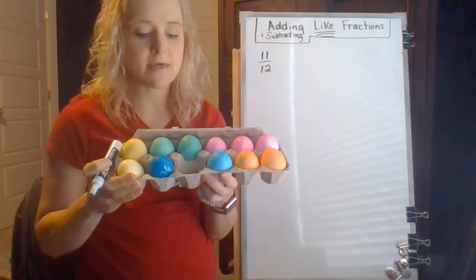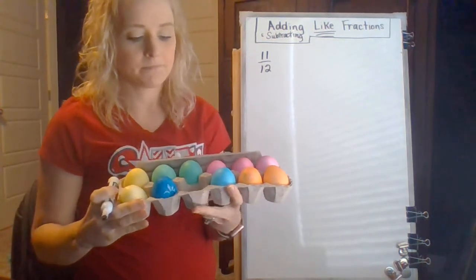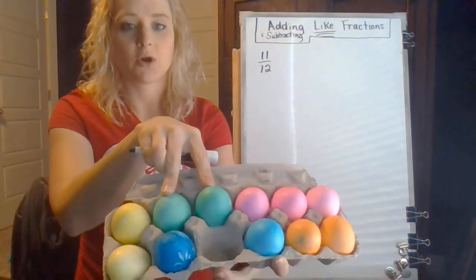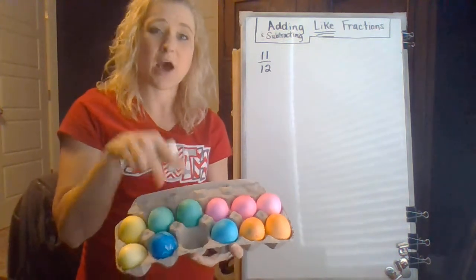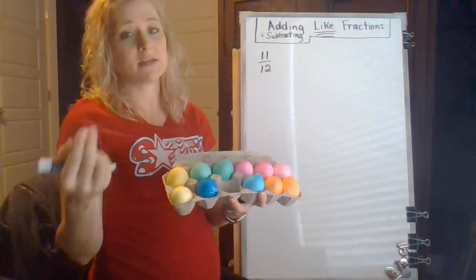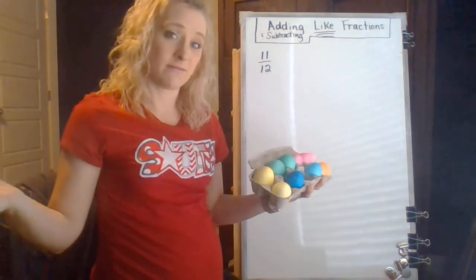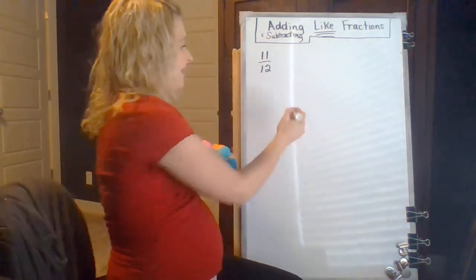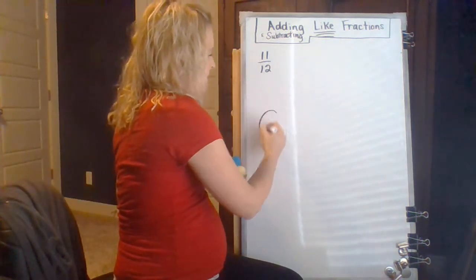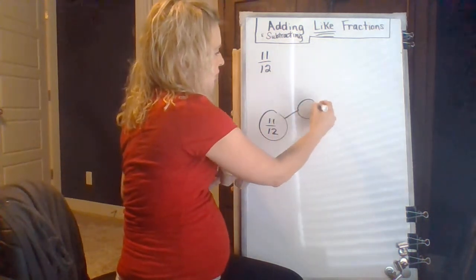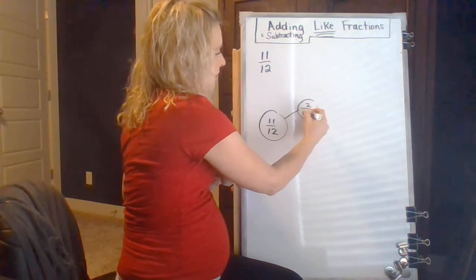And let's say that I say 2/12 of the eggs are green. And then I ask the question, how much of the carton is not green? That would turn that into a subtraction problem, finding the difference problem. Because we know there's 11/12 in all. Okay, so this is kind of like a number bond problem. We know there's 11/12 in all, and we know that 2/12 are green.